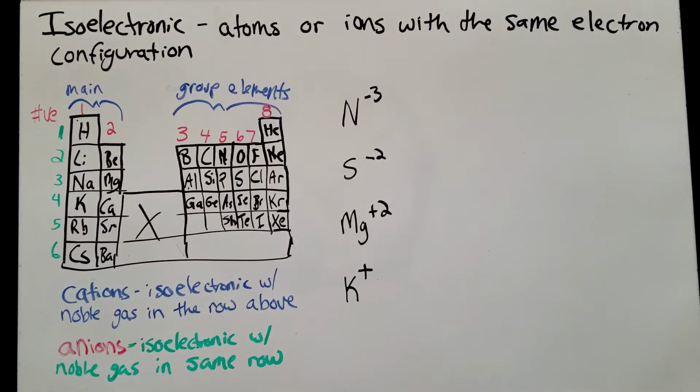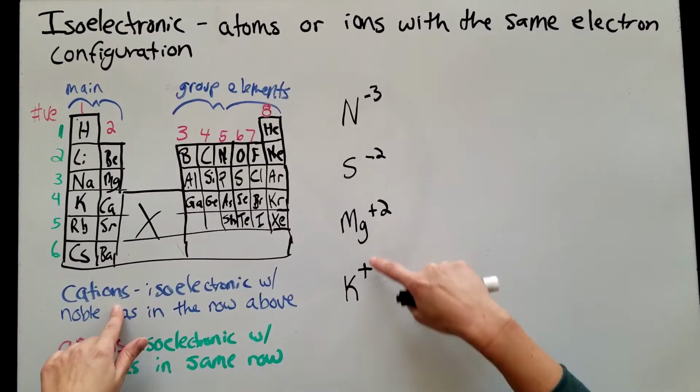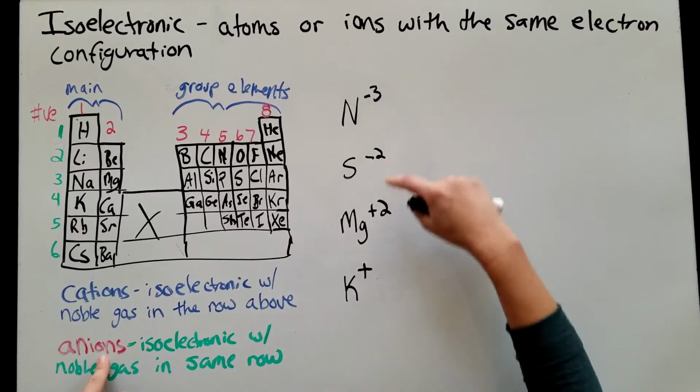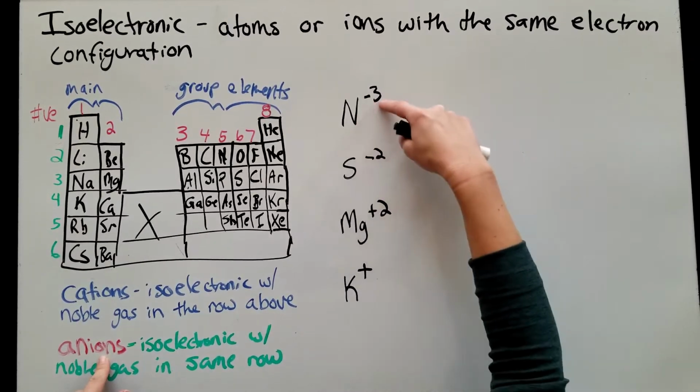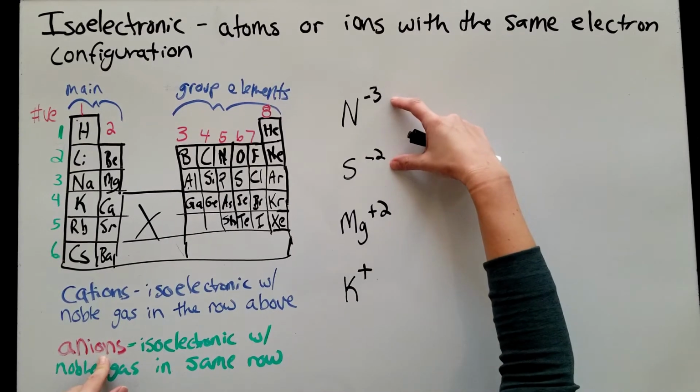When I'm talking about a cation, C-A-T-I-O-N, it means I see a positive ion. So cations are the positive ions. Anions would be negative ions. These two up here, nitrogen with a 3- charge and sulfur with a 2- charge, would both be anions.